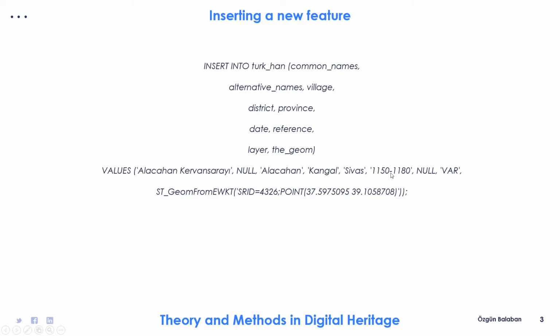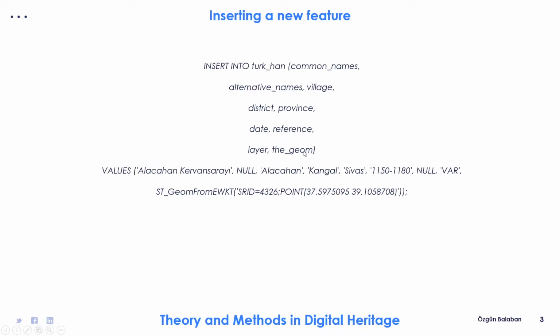In this case, dates are characters. So you can put this here. And reference, the reference of this Han. Here we supplied as null because there was no value. And this layer is who put the caravanserais or the initials of the person.